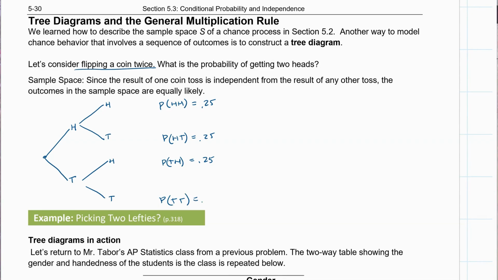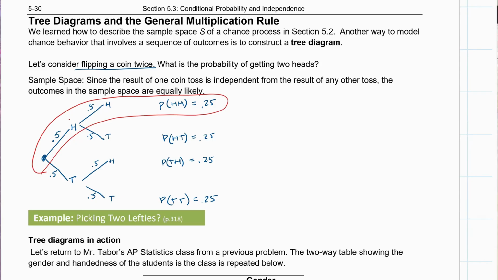But another way of looking at this problem is to say, when I did my first coin flip, there was a 50% chance that I got a head or a 50% chance I got a tail. The same thing happens on every single one of these routes. And if we think about this particular item in our sample space, you can actually see that 0.5 times 0.5 gives us that 0.25.